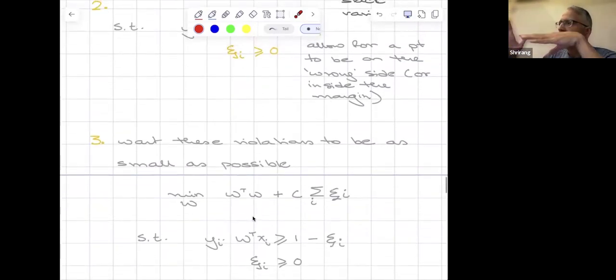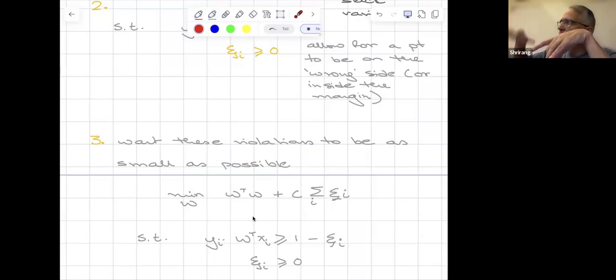On one side, I'm calculating these distances, the W transpose Xi, and I want that to be greater than or equal to 1. As I'm calculating the W's to minimize this such that this condition is true, at the same time, the slack variables that I allow are part of the minimization.